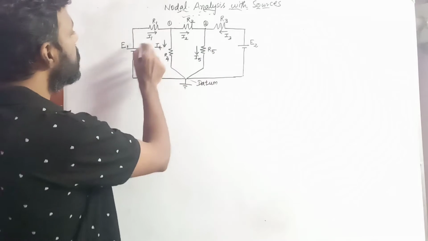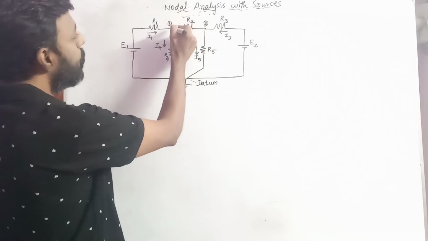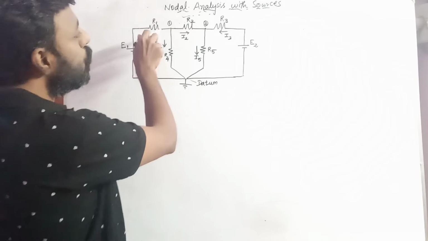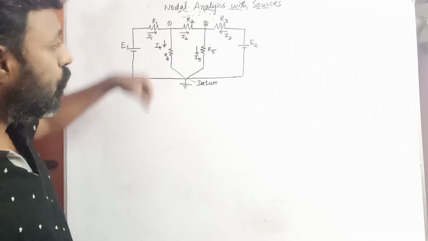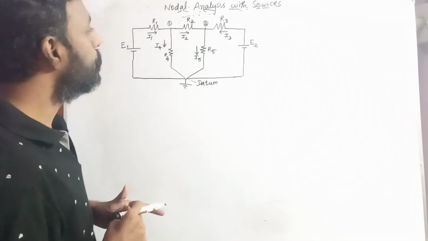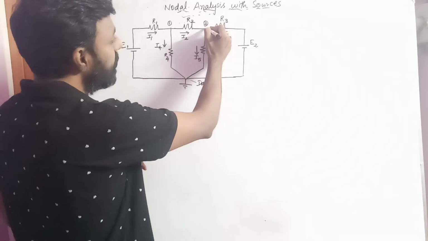So I1 is a current which flows from the battery E1. I1 at the point A bifurcates into two currents, I2 and I4. I2 passes through the resistor R2 and I4 passes through the resistor R4. And at the point 2, 2 is also a node.